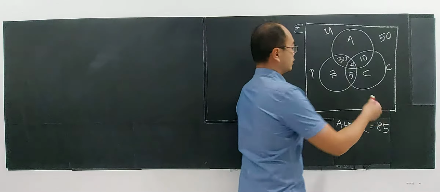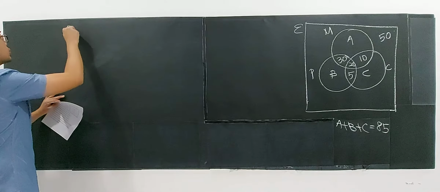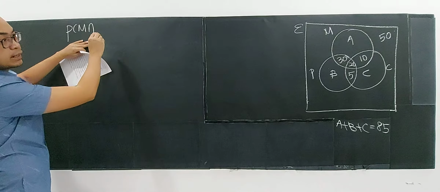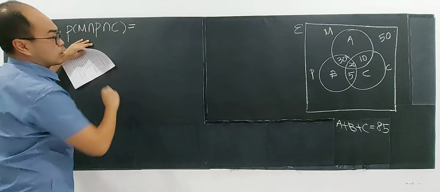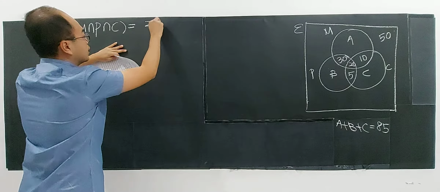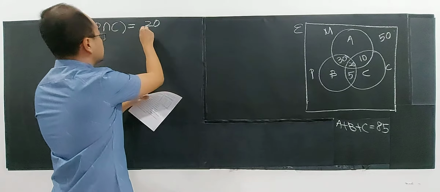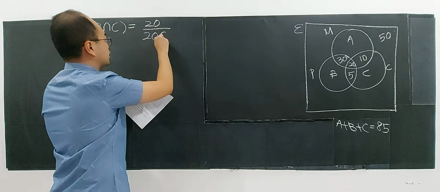What do you mean? This one, 20, right? Score grade A in all the 3 subjects means score grade A in mathematics, score grade A in physics, score grade A in chemistry. So how many of it? 20. Just now, how did you find the 20? You have shown your working. So 20 over the total. Total how many students? 200 students, remember?